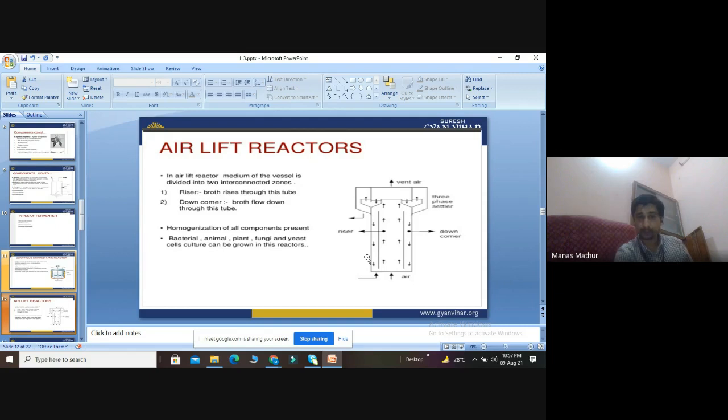In the down corner, the broth comes down. The broth flows down through this down corner. So what will happen? There is a complete homogenization of all the components present.